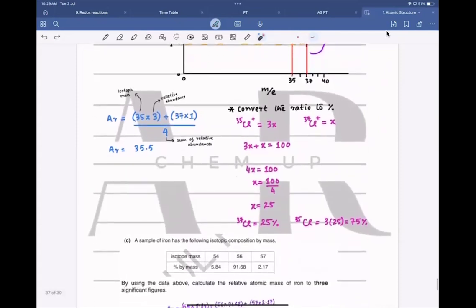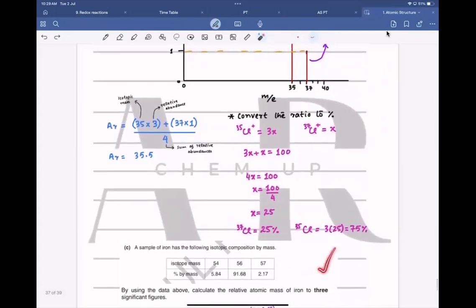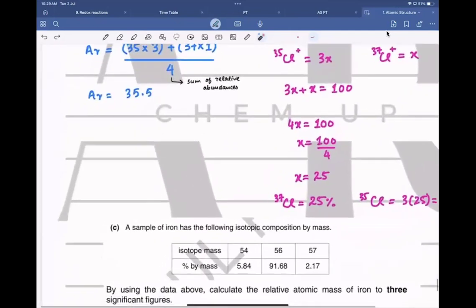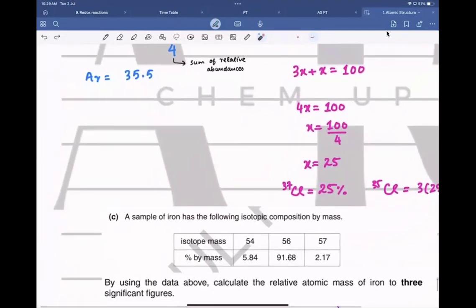Okay. Now, can you calculate the relative isotopic mass, oh sorry, relative atomic mass of this iron atom? Yes, sir. Just WhatsApp me the working, okay?